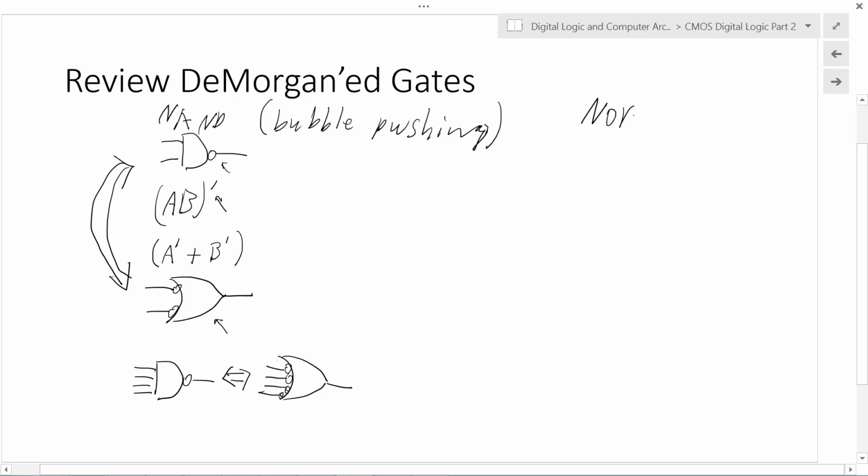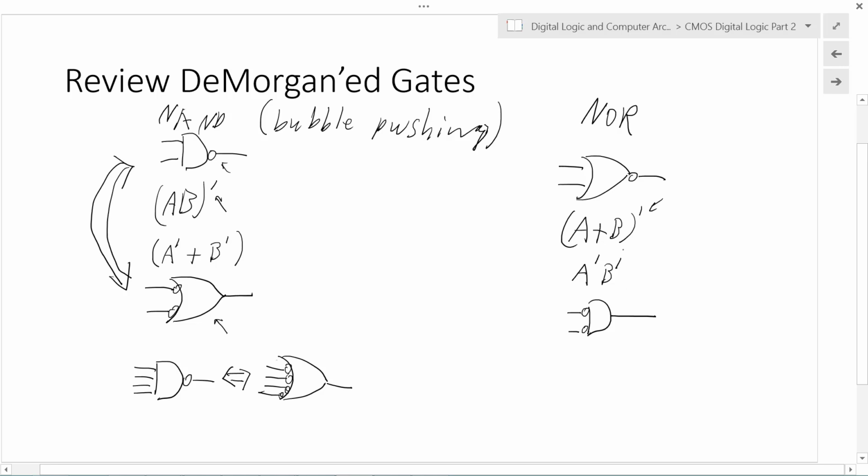Let's look at the NOR gates. Well, this is the same as writing (A or B) inverted. By De Morgan's law, we can distribute this prime into the parentheses and get A prime ANDed with B prime. So another way of drawing this logic gate is to draw two bubbled inputs with an AND symbol.